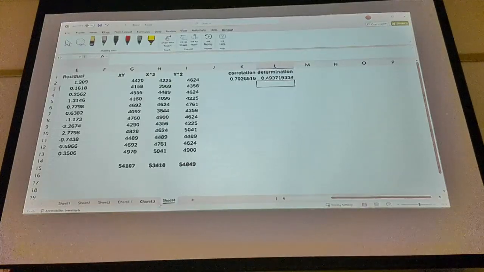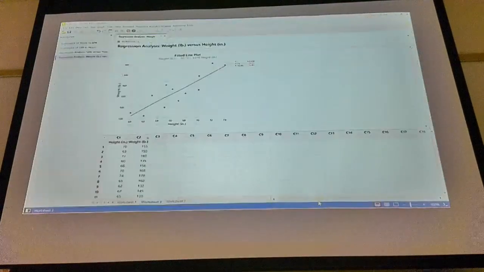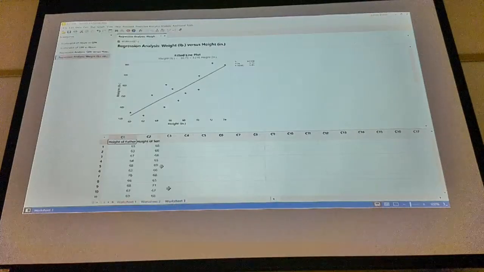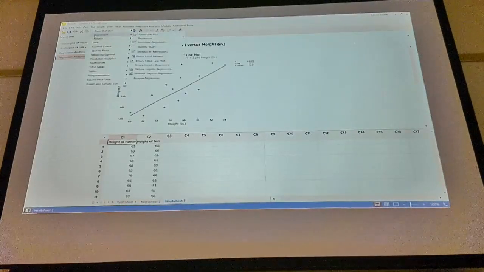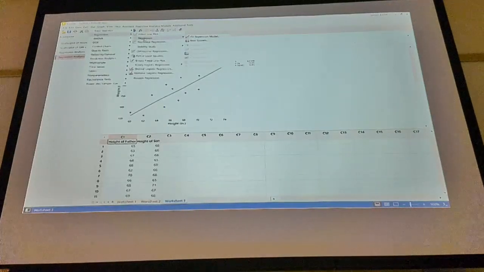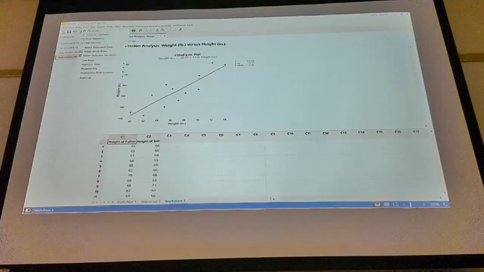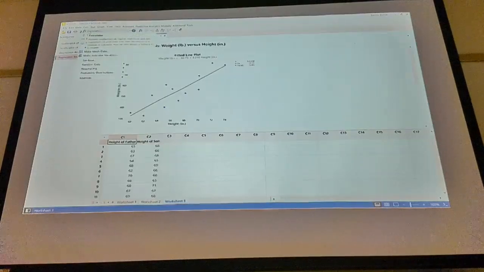So I think there is a way to find correlation in the tab. I have to remember how I did it. Regression. I think it's either regression. No. How did I do it? Calc. Oh, yeah. That's right. I did the calculator. Remember, Minitab has a calculator as well. So you could have done the same thing in Minitab as we did in Excel.